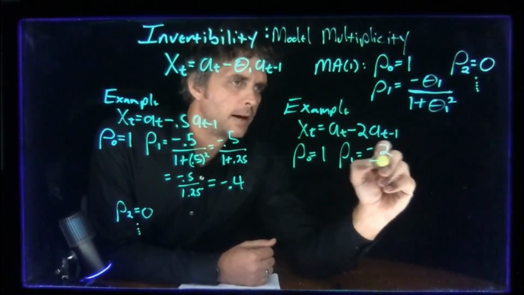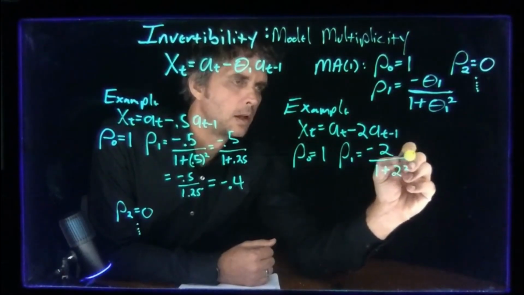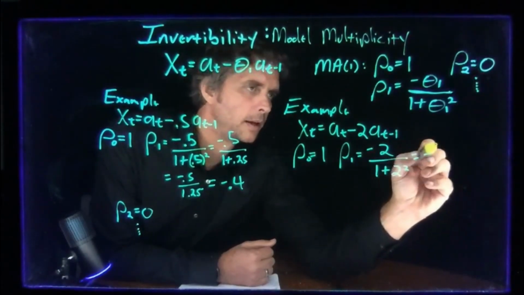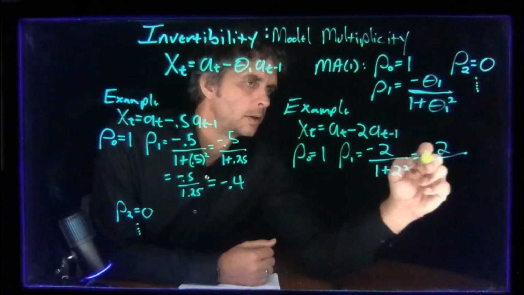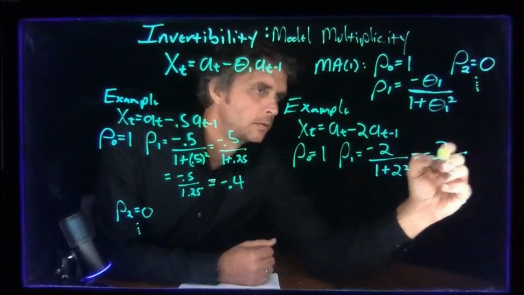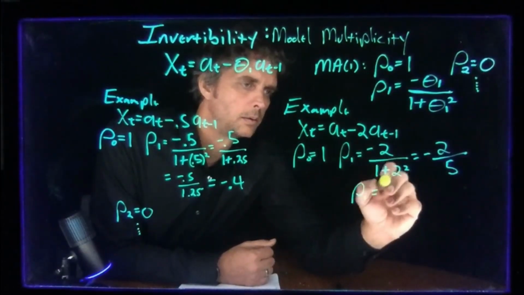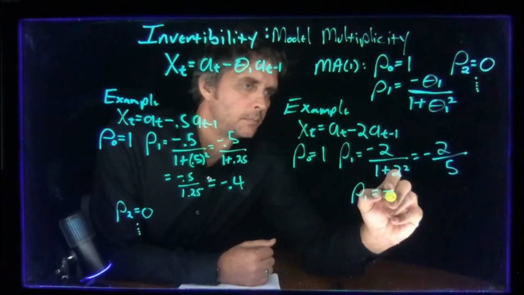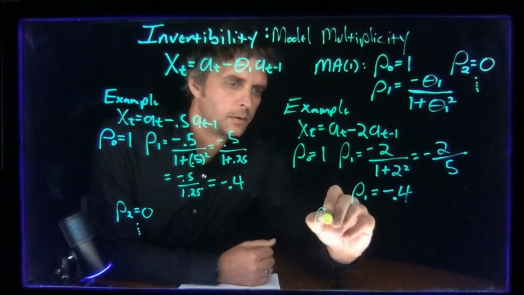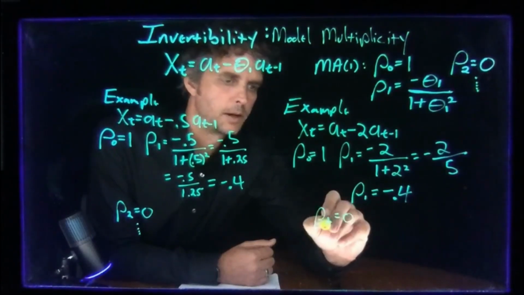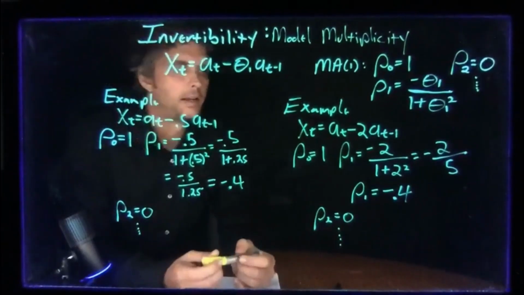Negative 2 divided by 1 plus 2 squared, which is equal to negative 2 divided by 1 plus 4, which is 5, which of course equals, just put it down here, rho 1 equals negative 0.4. And of course we have here that rho 2 is equal to 0 because it's an MA1, and that goes on for rho 3, 4, 5, 6, 7, and forever.